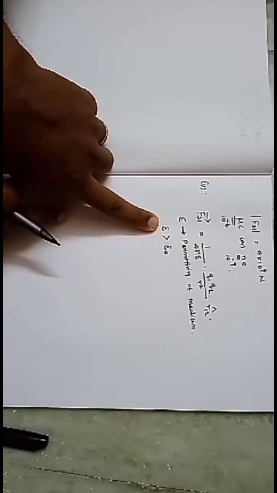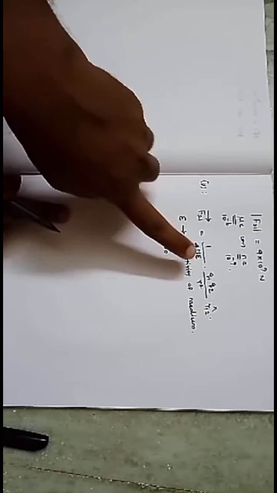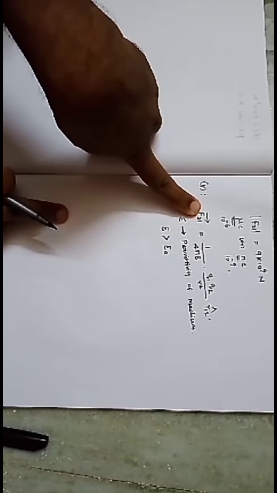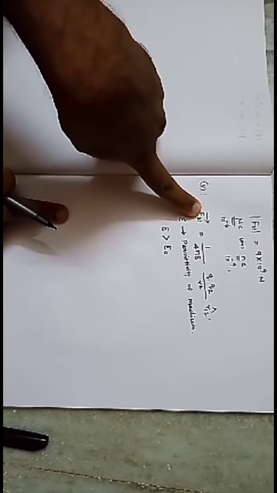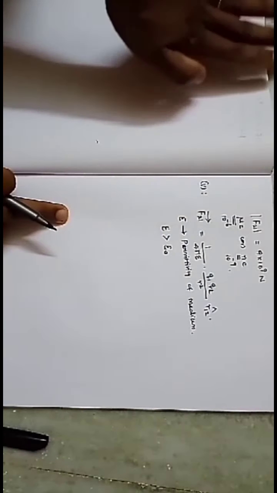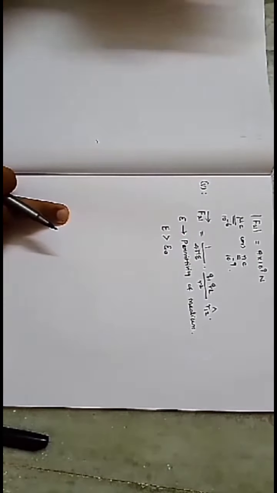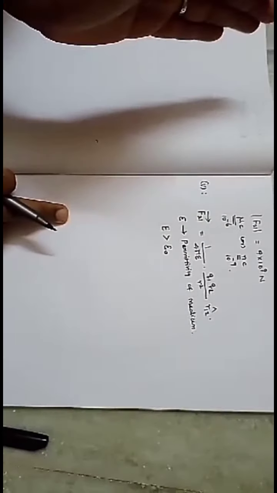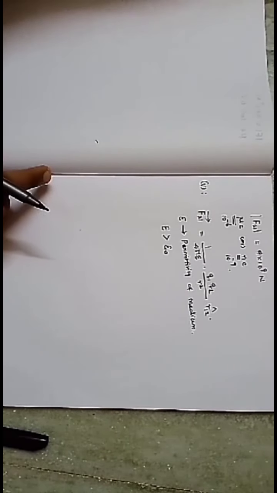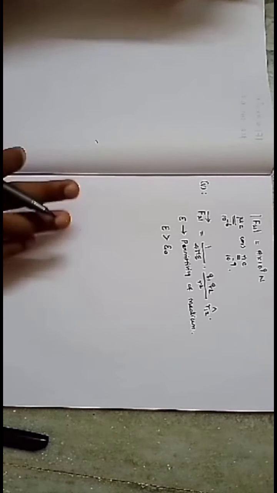So if the value of epsilon is greater, the force of attraction or force of repulsion between the charges when placed in a medium is always lesser than the force of attraction or force of repulsion between the charges when placed in free space.